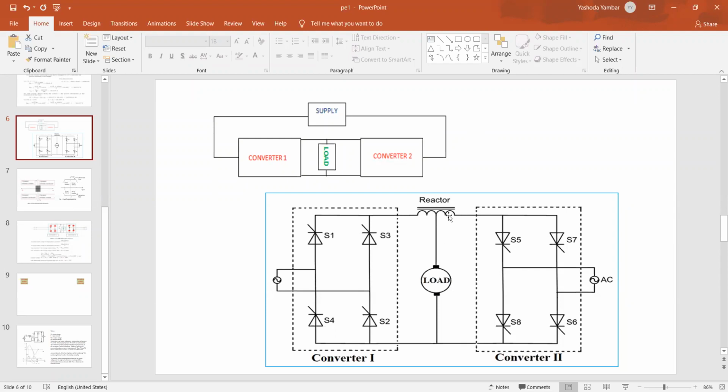As the inductor does not allow sudden changes in the current, in order to limit the value of the current, we go for the reactor or inductor. So the inductor is used in the circulating current mode to reduce the circulating current which is created due to the difference of instantaneous voltages of converter 1 and converter 2.